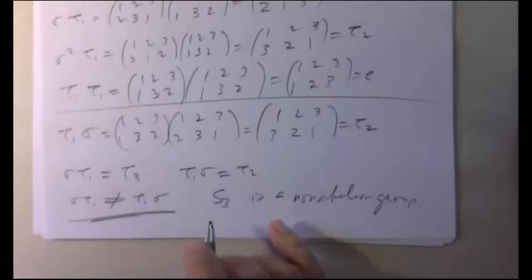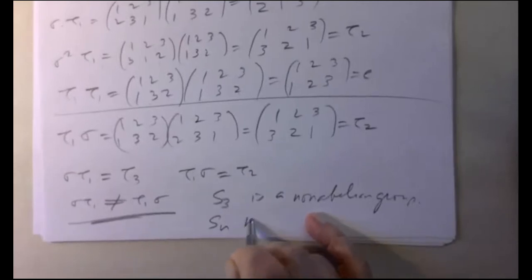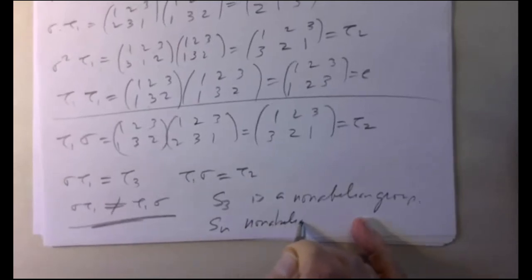Well, Sn is non-abelian for all n greater than or equal to 3. So S1 just consists of the identity. The identity times the identity is the identity. It's abelian. S2 just has 2 elements. It's abelian. But once you have permutations of a set with 3 or more elements, it is always non-abelian.